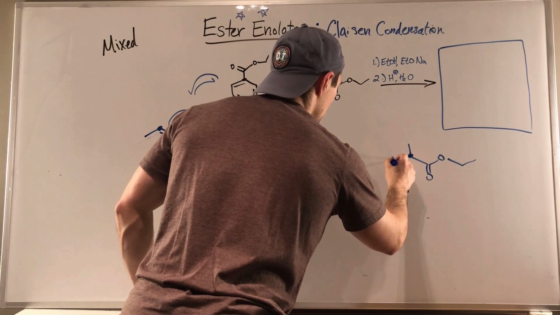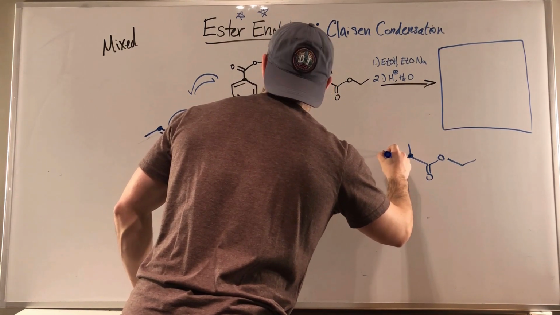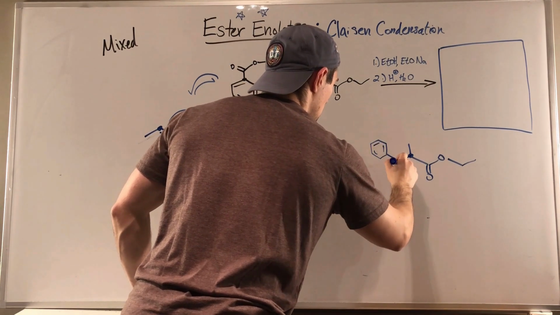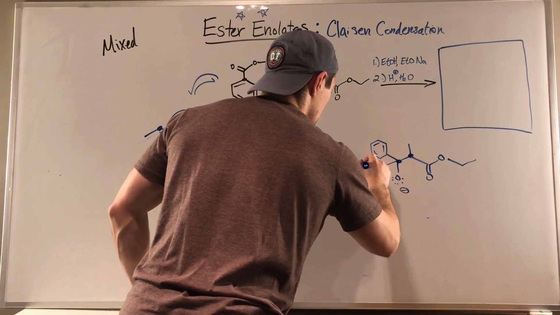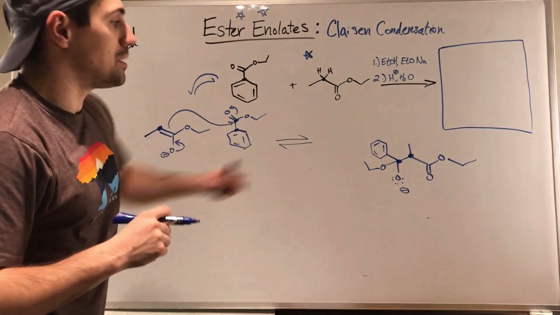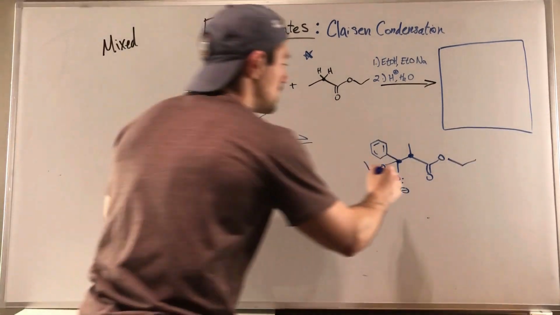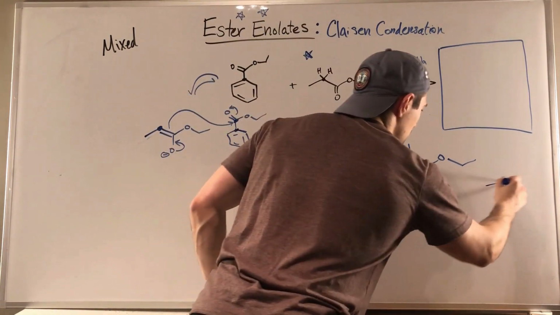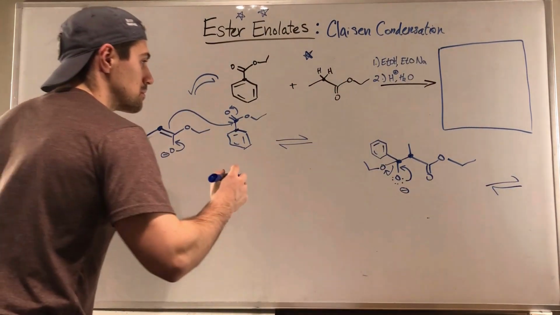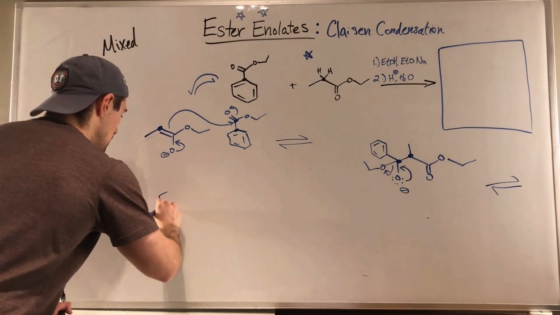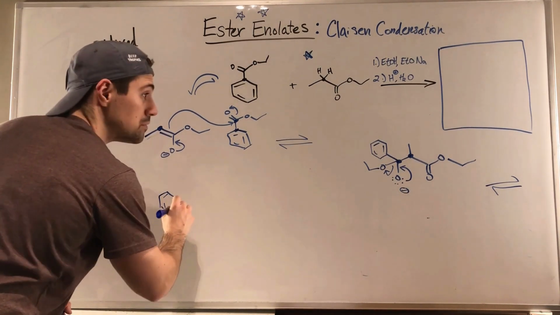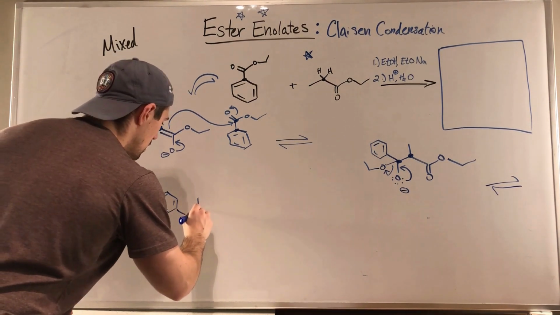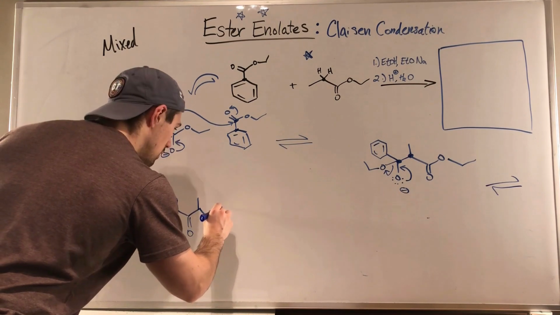So I know I have my benzene ring as well as my ethoxide piece right there. Okay, so remember, tetrahedral intermediate collapses. We kick off our not so amazing leaving group. We form the carbonyl. We have a dicarbonyl now.